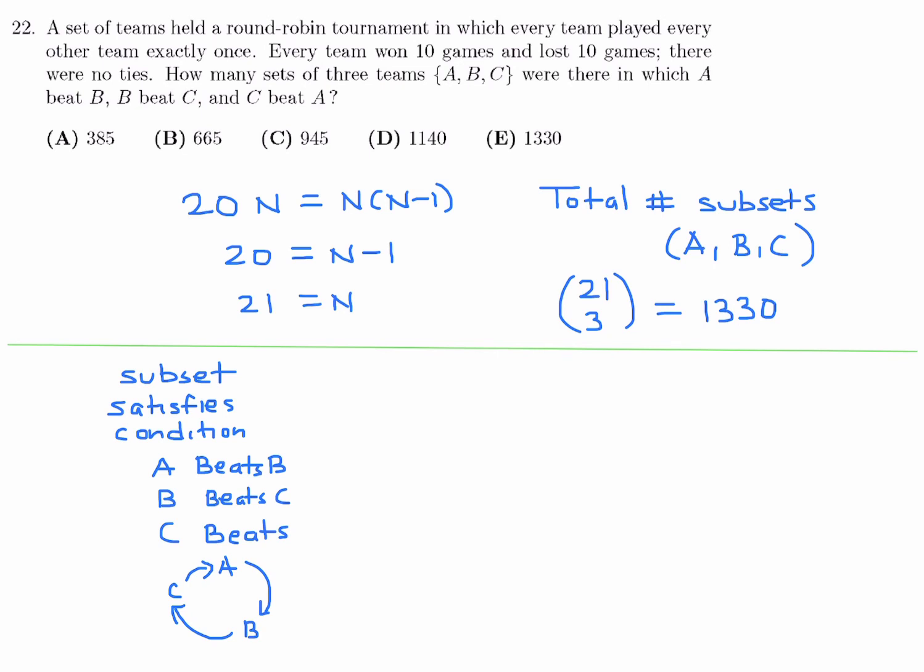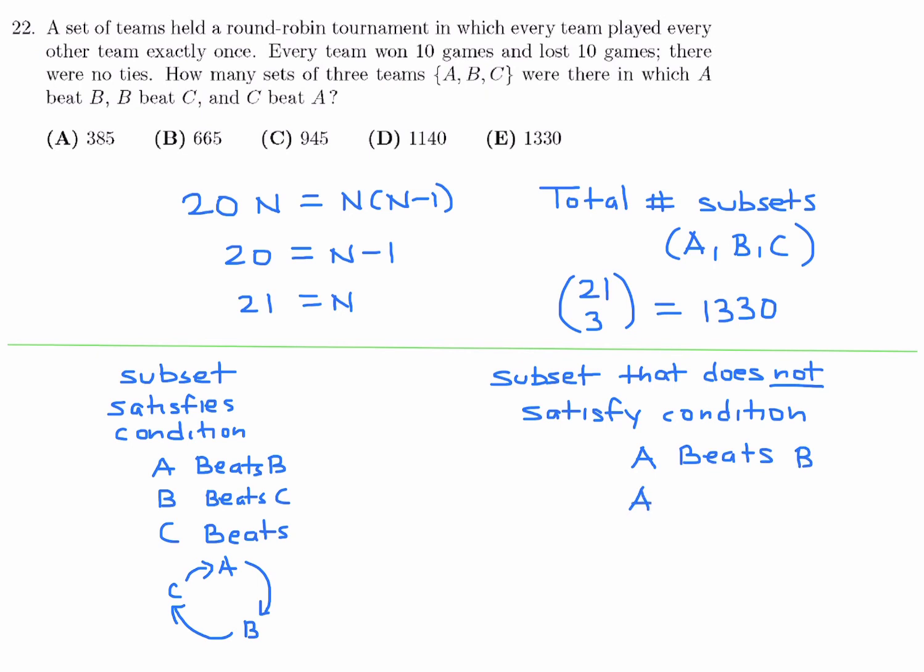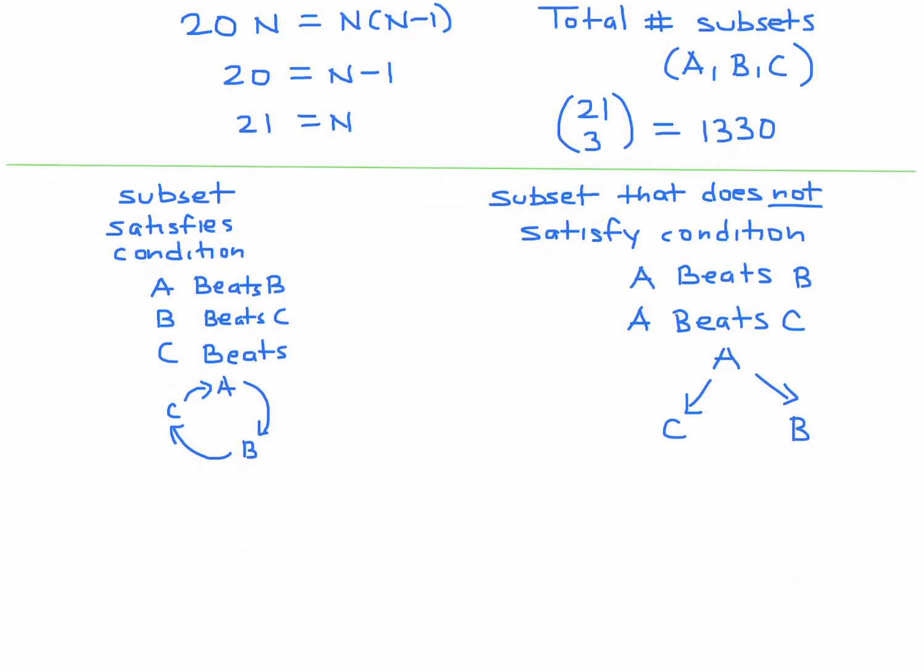The other subsets, which don't satisfy the condition, are any subset in which one team beats the other 2 teams. For example, A beats B, but A also beats C. So A goes to B and C, beating both those teams. So what we have to do is figure out how many are in this category, subtract it from the total, and that will give me this. It's a little bit easier to figure out this one, so that's what I'm going to figure out.